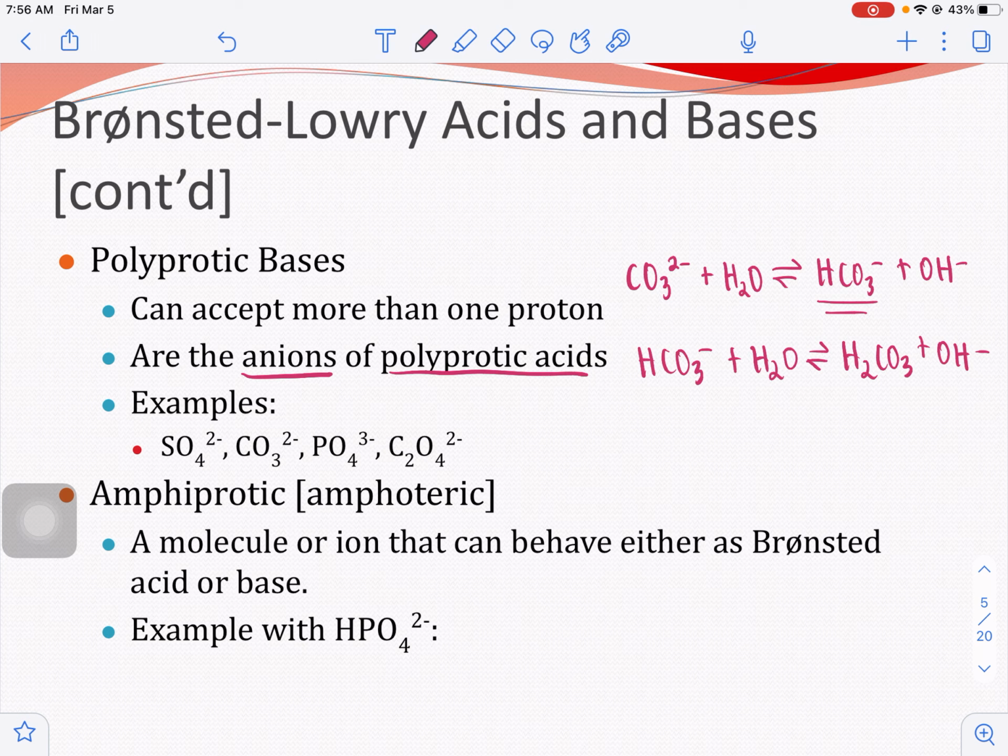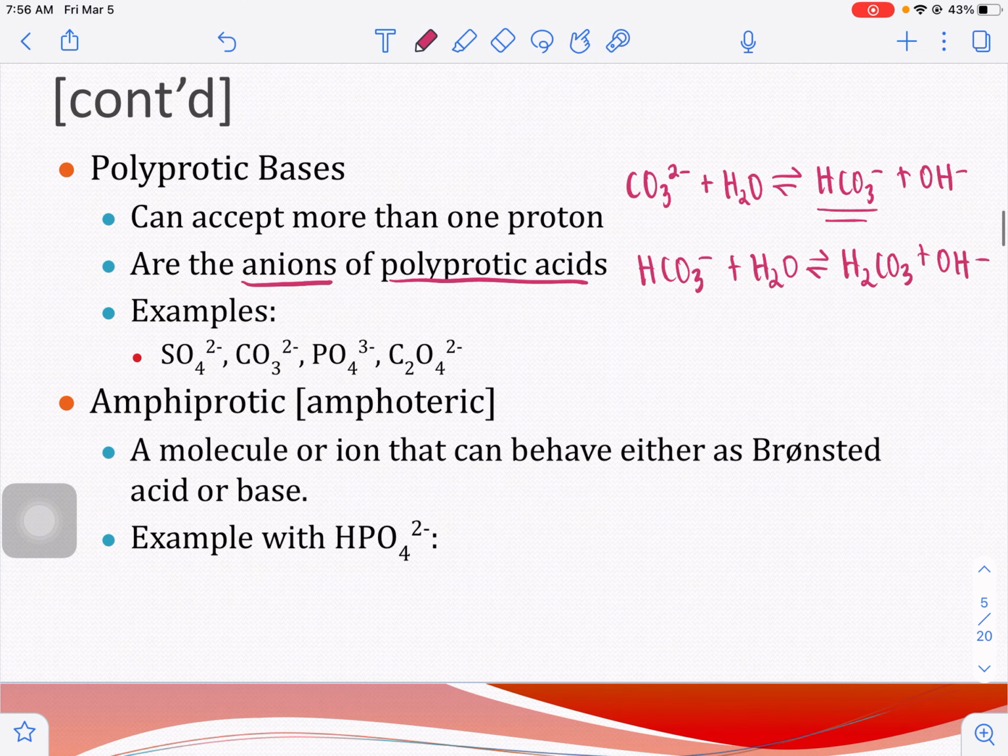And then last vocab that you should know, and we've already talked about this one too before we look at pairs, but amphiprotic or amphoteric are things that can act as either an acid or a base depending on what you mix it with. Now, I'm not going to do this one with water because deciding how it would act with water, it would be with K values, and we haven't done that yet.